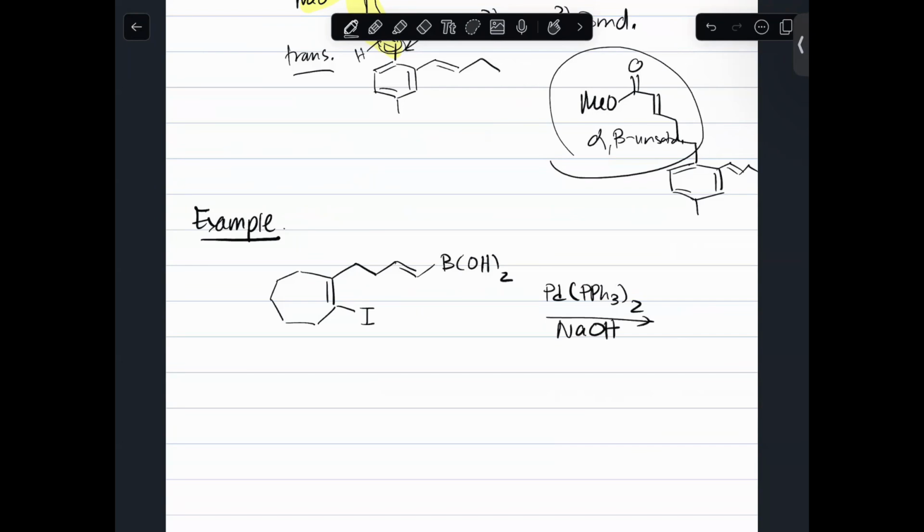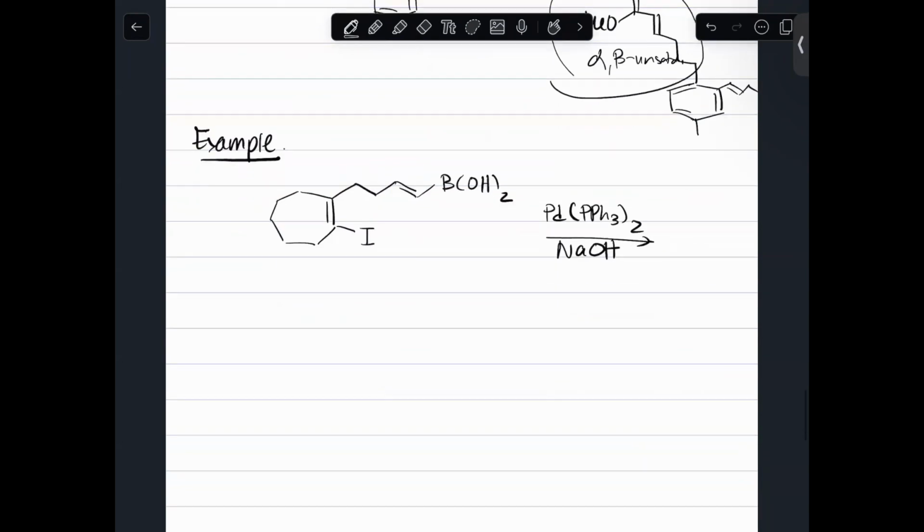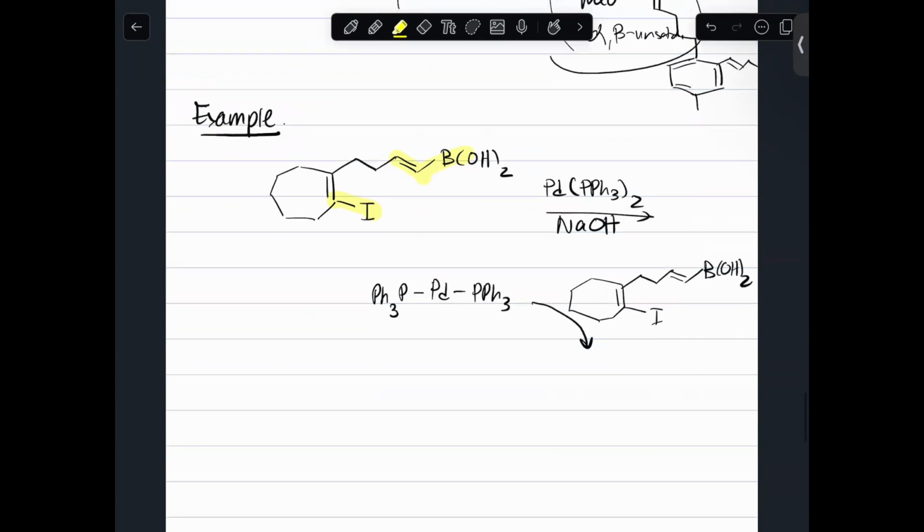You can start off with your palladium catalyst. And your first step is an oxidative addition. So if you notice, your vinyl halide is present and your vinyl borane is also present, all in the same molecule.